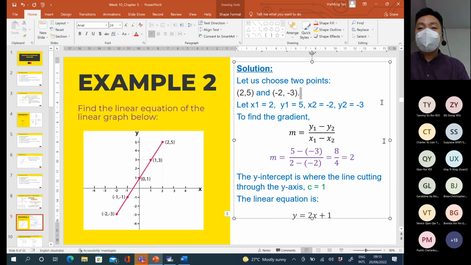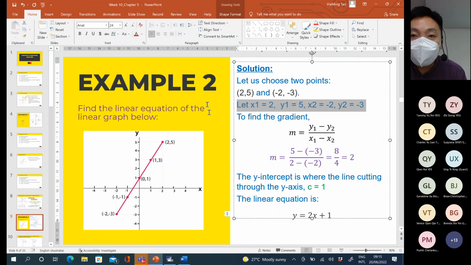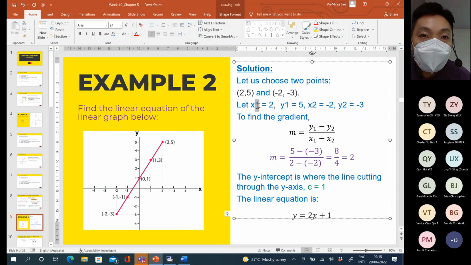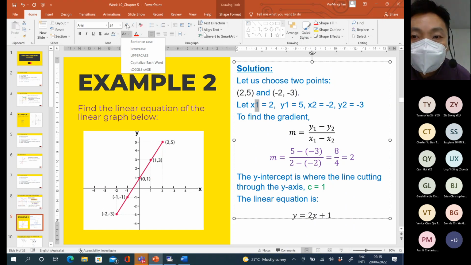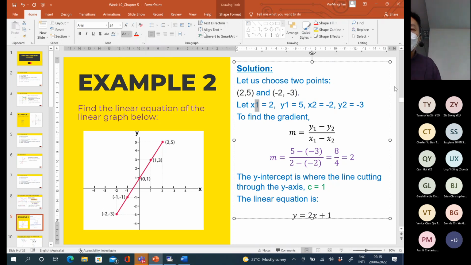If you don't show it, it's fine. But I just want to show which one is x1 and which is y1. So this one I use subscript. Once we have decided, then we can copy the formula.